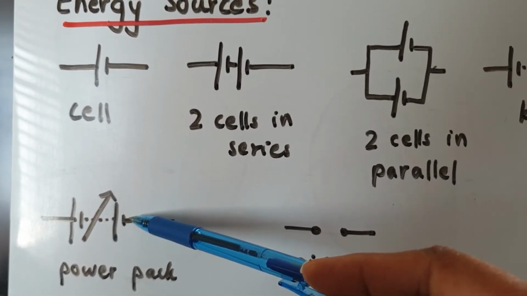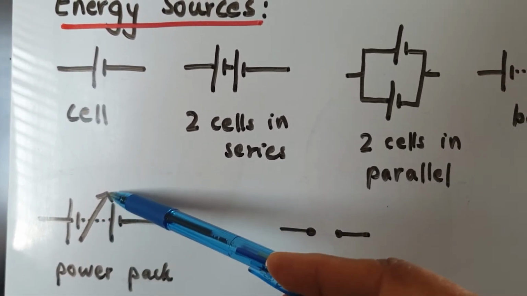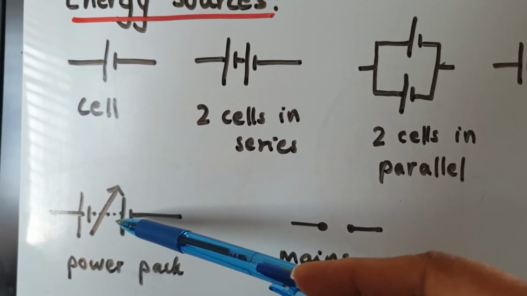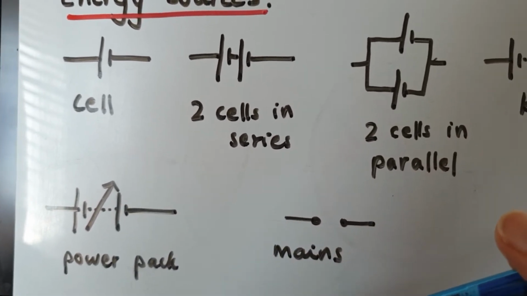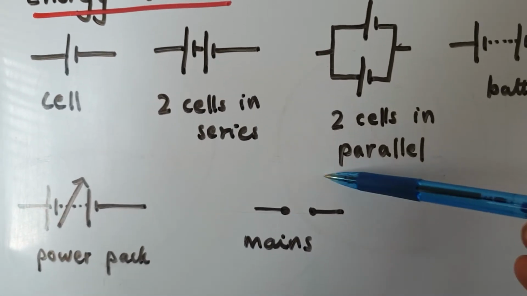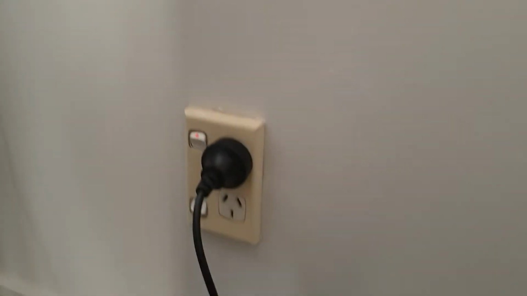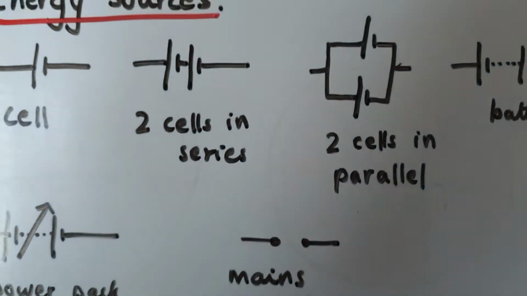So that's a symbol for a power pack. And the reason we have this arrow going through this is because you can change the voltage of a power pack. There's a knob that you can turn. And then, of course, you can get electrical energy from the mains, which looks like that one there, on the wall.